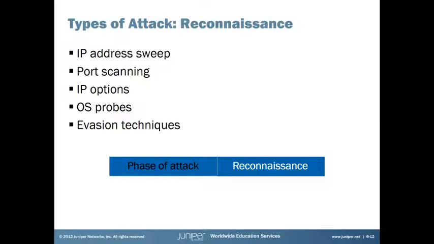Okay, so this is the reconnaissance phase. Every phase can be detected, and every phase can be prevented, in actual fact. What happens in the reconnaissance phase is things like IP address sweeping. What that means is you will get a whole bunch of pings.